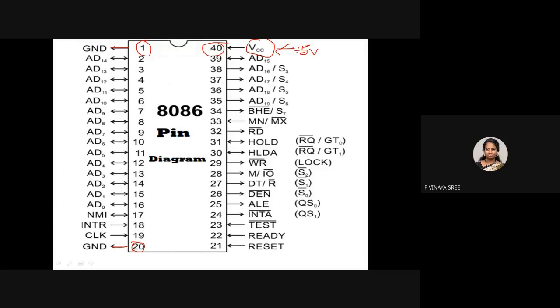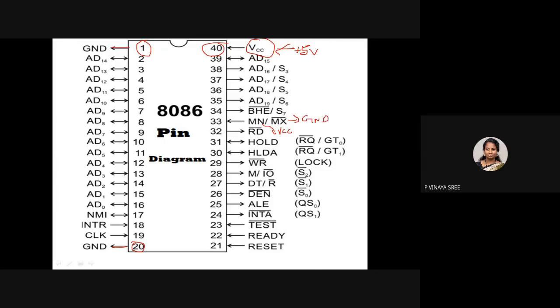Now you should know whether this is working in minimum or maximum mode. For minimum mode, the pin will be connected to VCC so that it is high, and the circuit works as minimum mode. Maximum mode means it has to be connected to 0, that is, connected to ground.